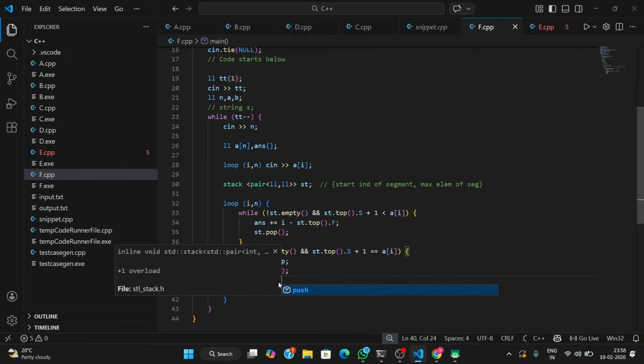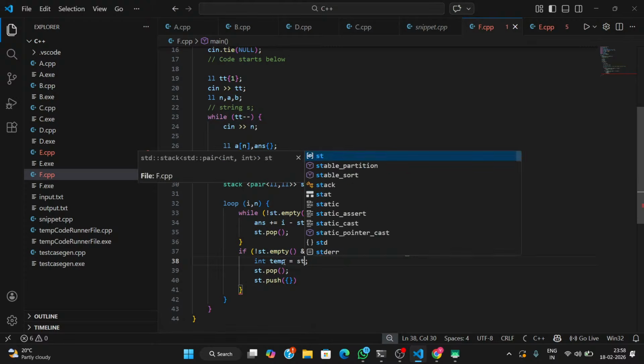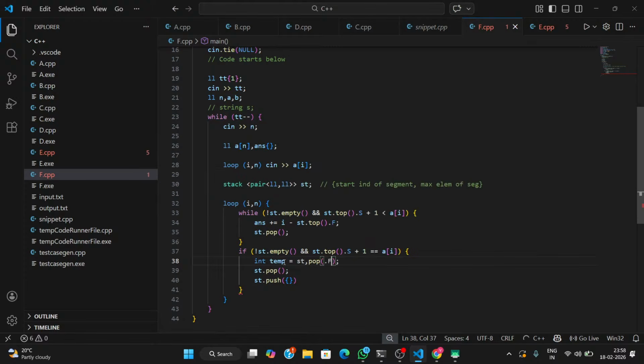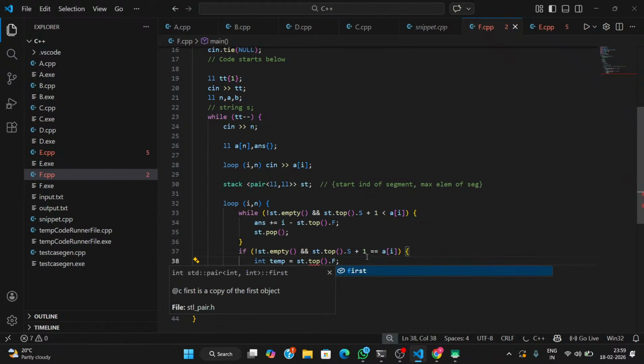Before doing that, temp is that, and we will insert temp comma A[i] again. That's that, right?